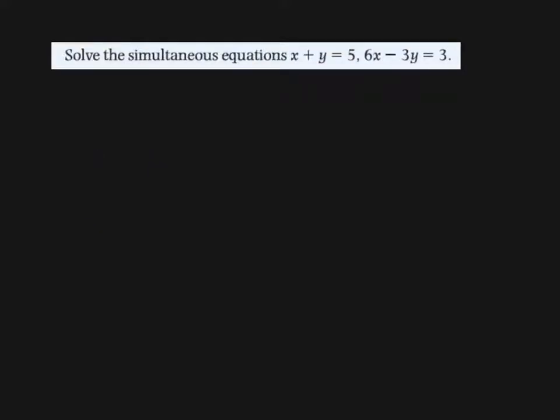Let us now look at this example. I rewrite the equations one below the other. So x plus y equals 5, 6x minus 3y equals 3. Equation 1, equation 2.